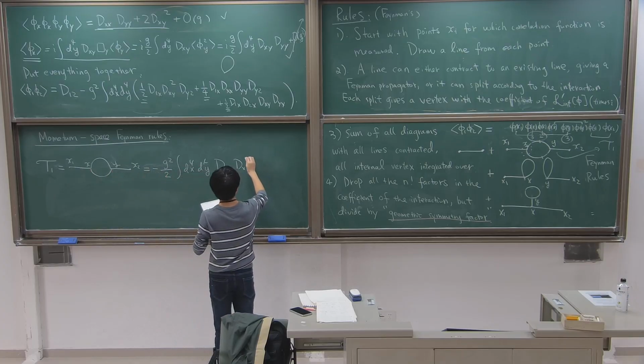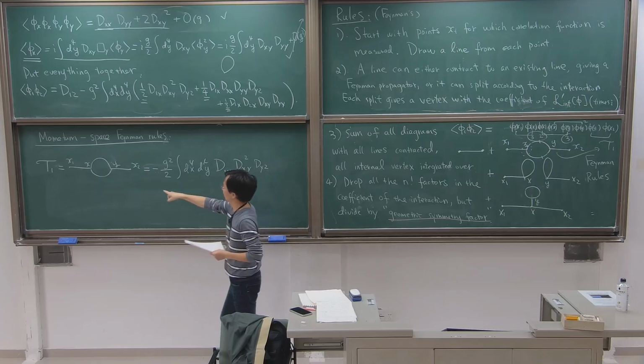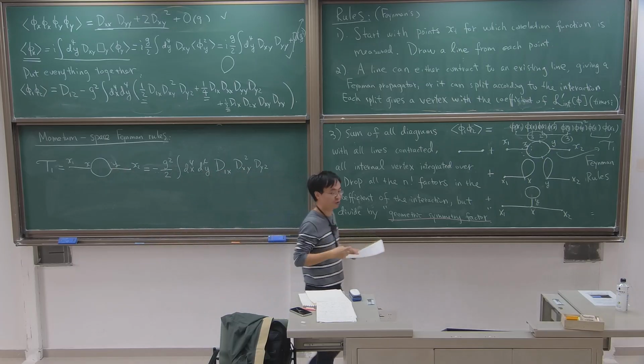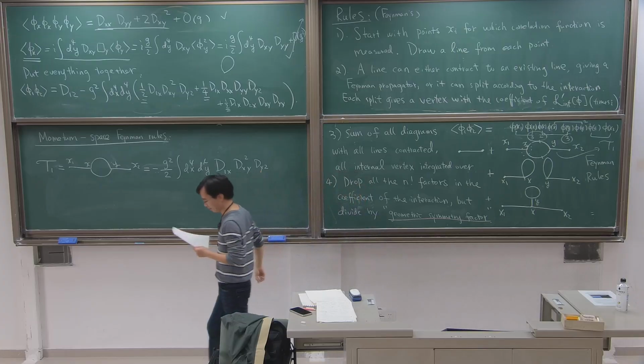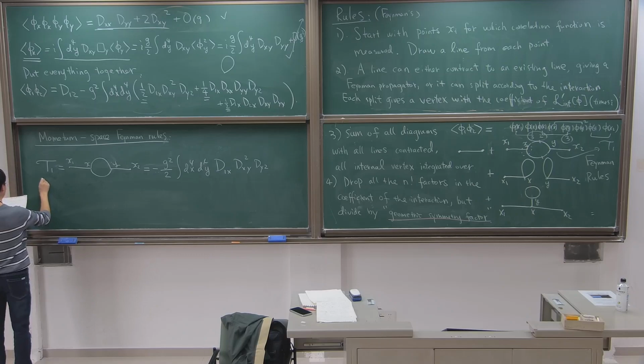So all the relations are about multiplying the propagators. Finally, dy2. Okay, this is the result. Of course, we already know the result. Just repeat it again. The point is now I can do Fourier expansion.